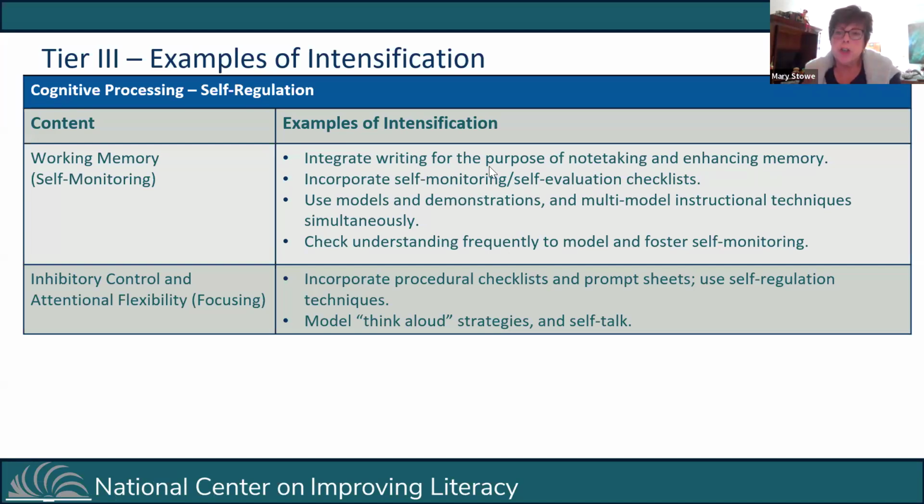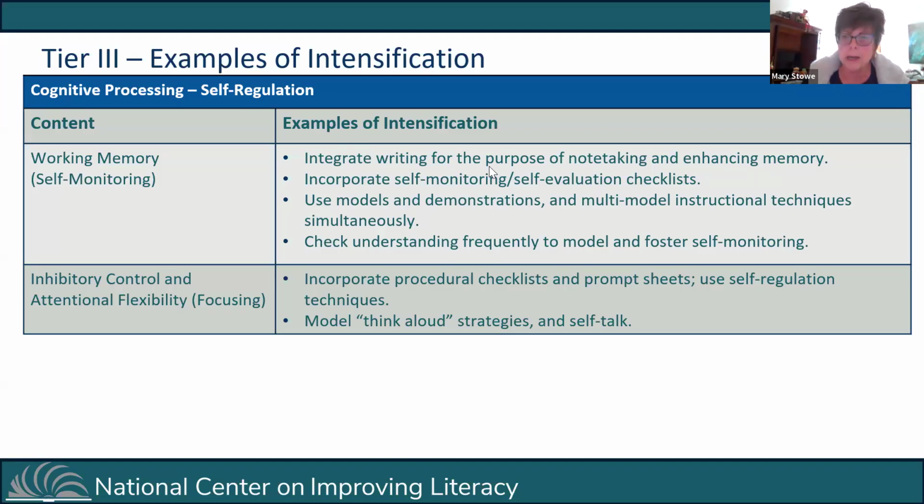We might integrate checklists that students can walk through to make sure that they are monitoring their own progress as they move through the instruction that we provide. We might use models and demonstrations. And I know very often when we think about explicit instruction, they talk about modeling or think aloud.